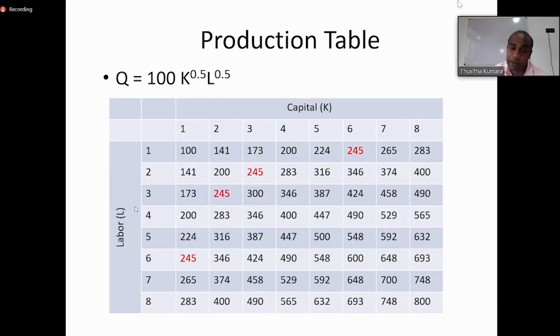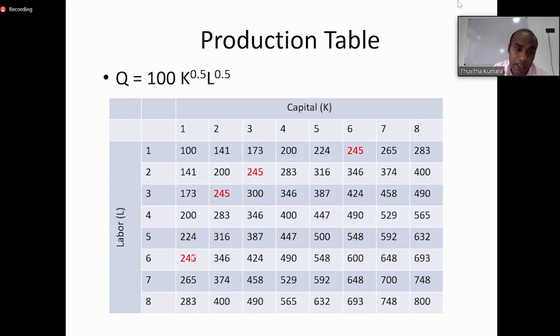We have different values because we have a substitution between capital and labor. Either we can use labor for capital or capital for labor. That is our assumption. So you can see these numbers, 245, 245, and that tells us the same output level. We will be getting the same output level, but different combinations of labor and capital.